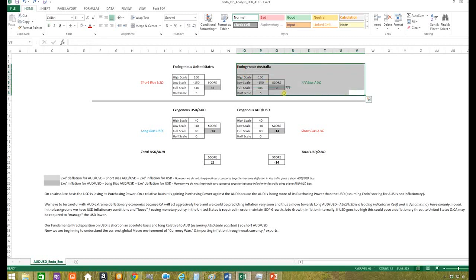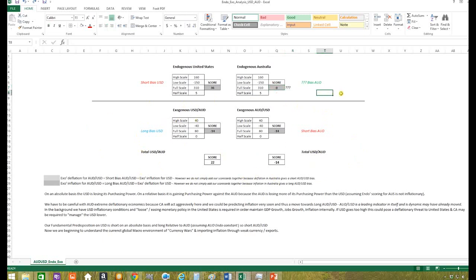So what we've done here is actually kept the endogenous Australia analysis constant. We've kept it at 0. Now this obviously may change in the future and may contribute overall positively or negatively to the overall scorecarding system when we take into account the exogenous analysis.